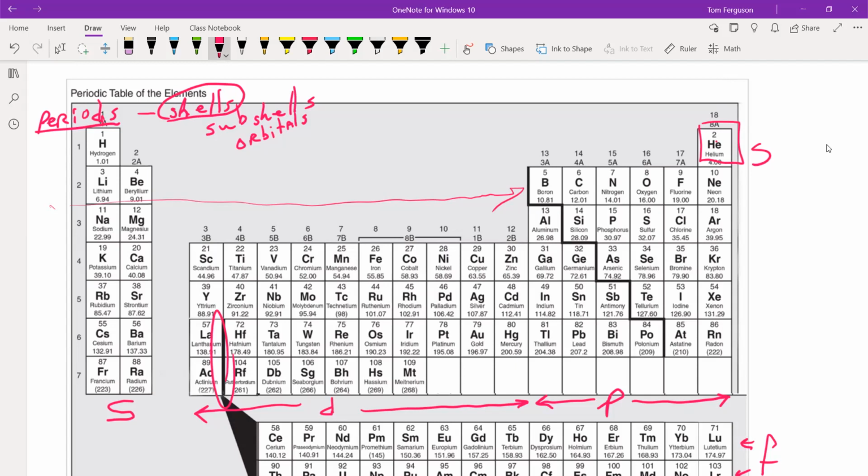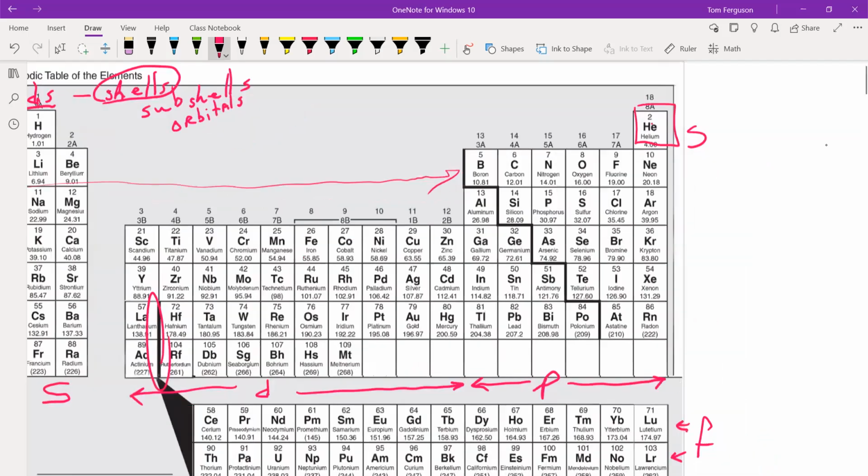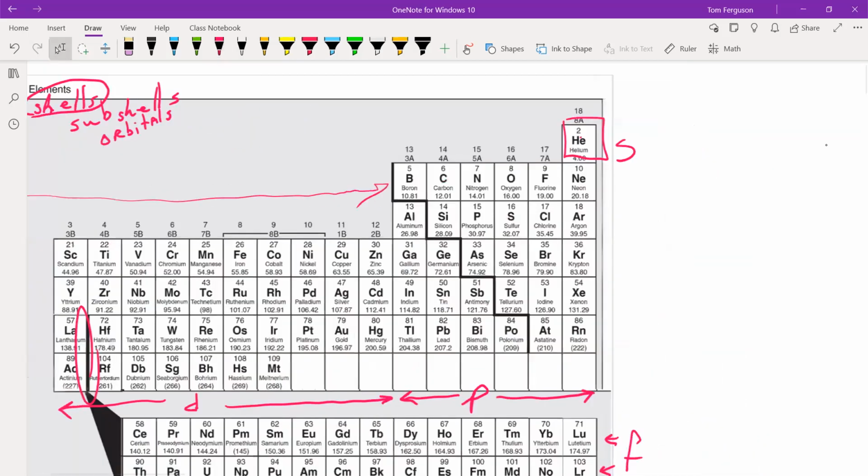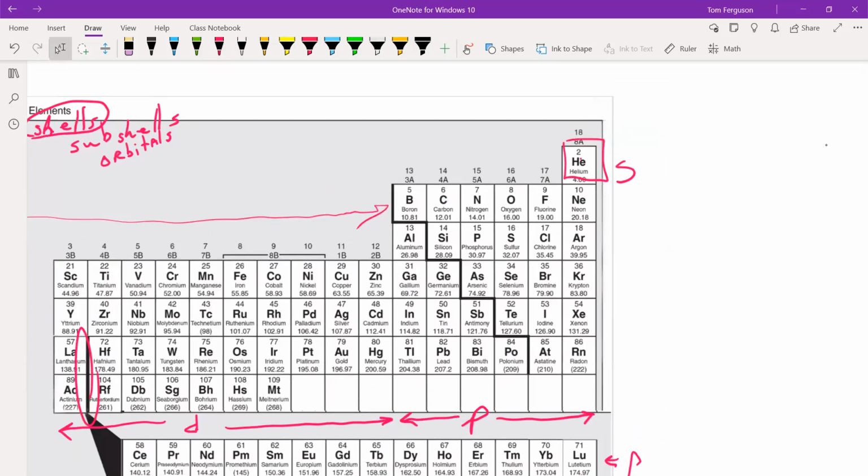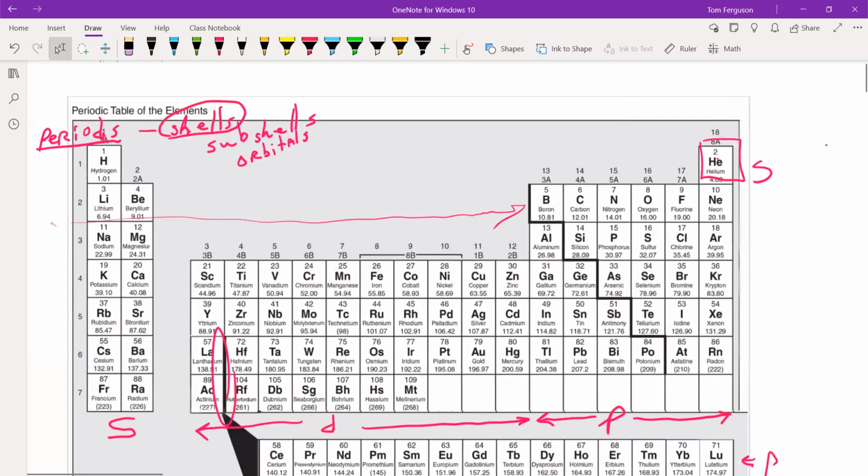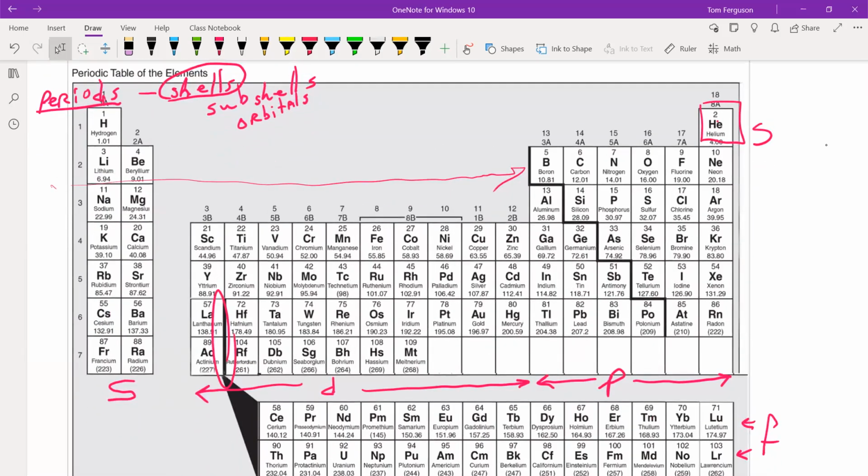And that model is where these S, D, P, and F regions come in. And this is the way they're organized. Now, you need to know these regions, by the way, for Saturday. So these are S's. These are P's.